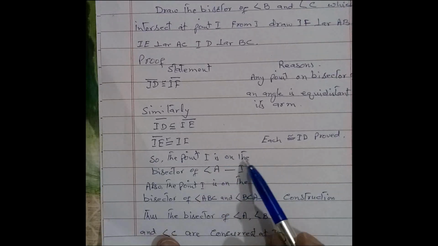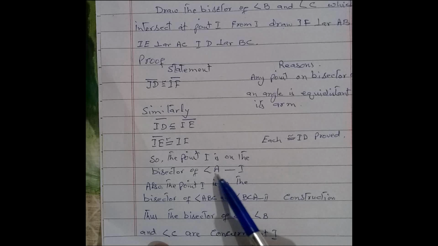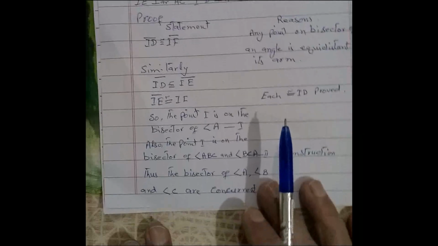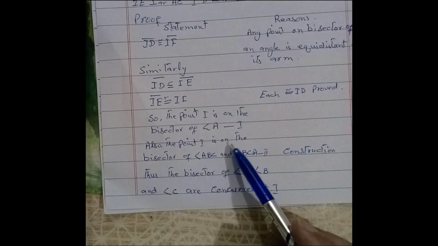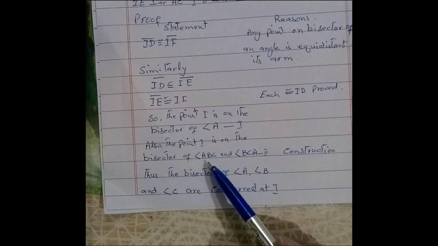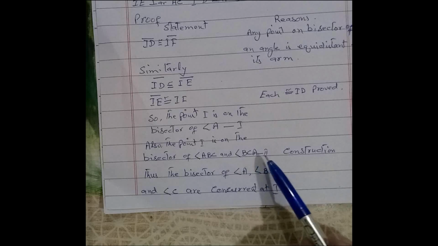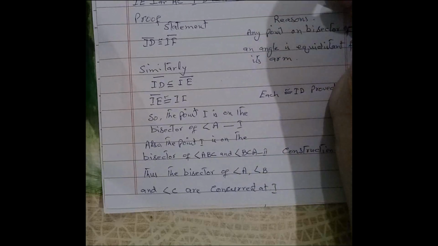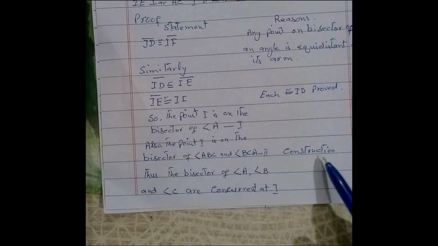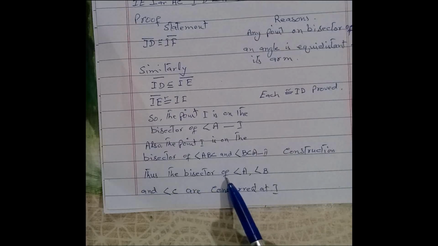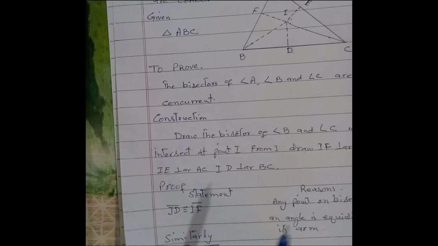So the point I is on the bisector of angle A. Also the point I is on the bisector of angle ABC and angle BCA. Thus the bisectors of angles A, B and C are concurrent at I. This is theorem 12.1.6.